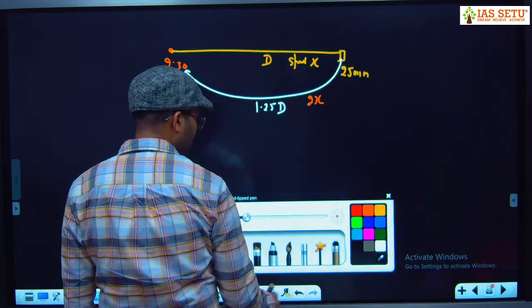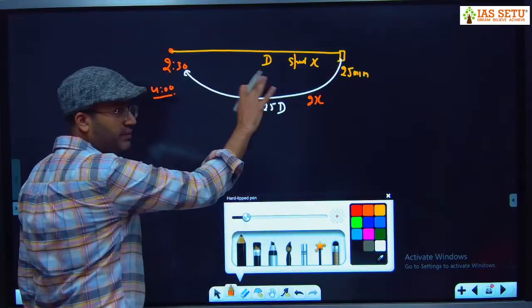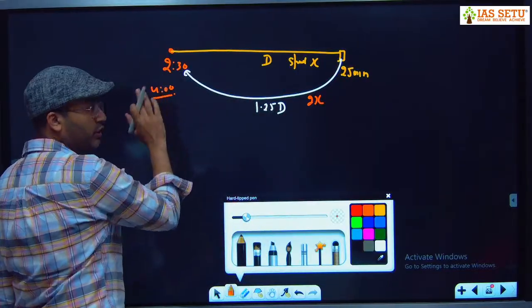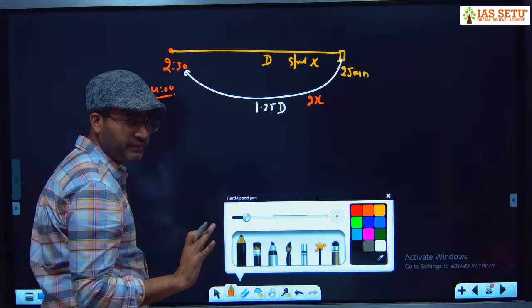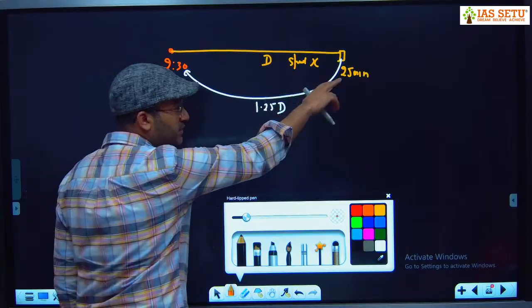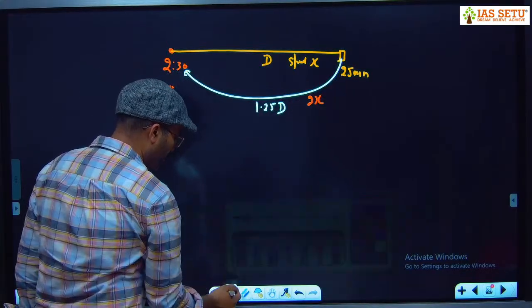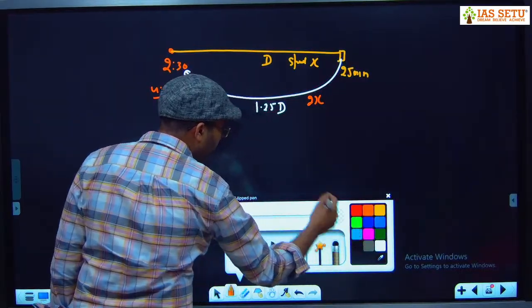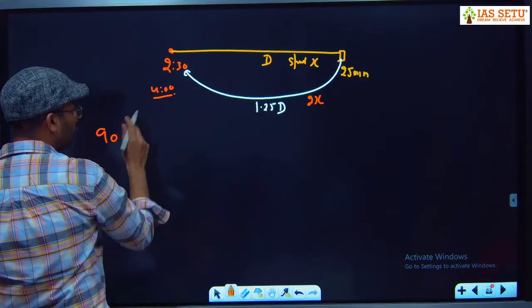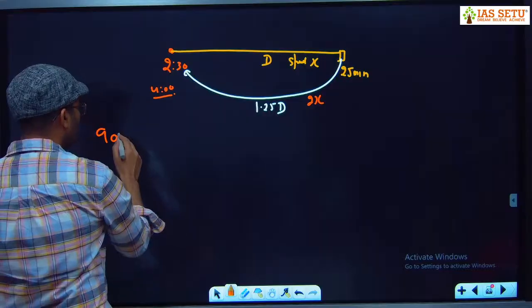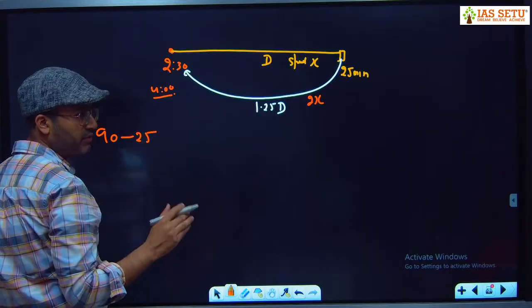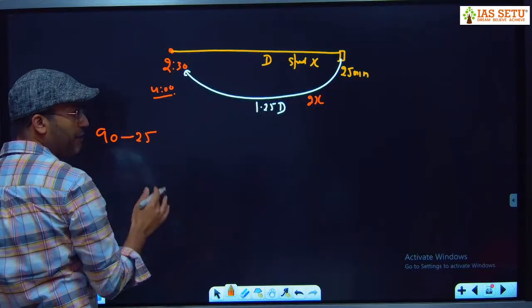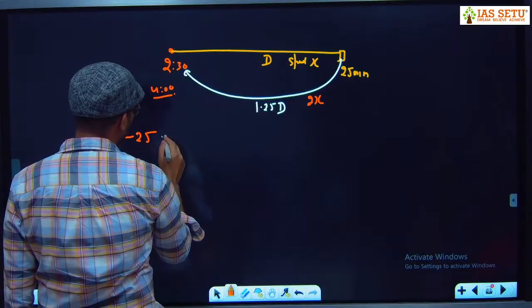Now here, can you tell me his travelling time? 2:30 to 4 o'clock, total time is 90 minutes, but out of 90 minutes, 25 minutes is rest time. So his travelling time and rest time total 90 minutes, because he came back in 90 minutes. But out of 90 minutes, 25 minutes is rest time, so travelling time here is 65 minutes.